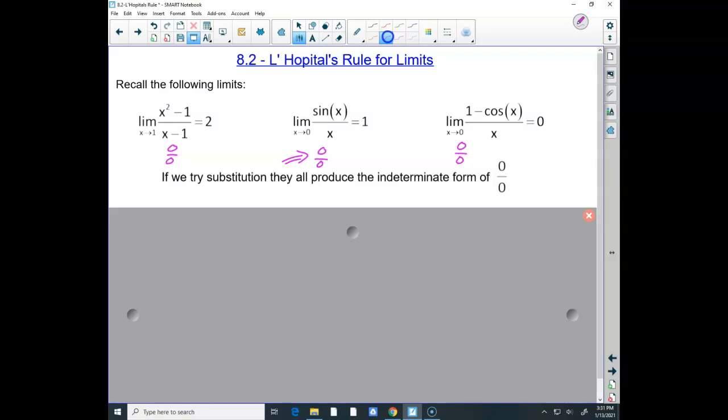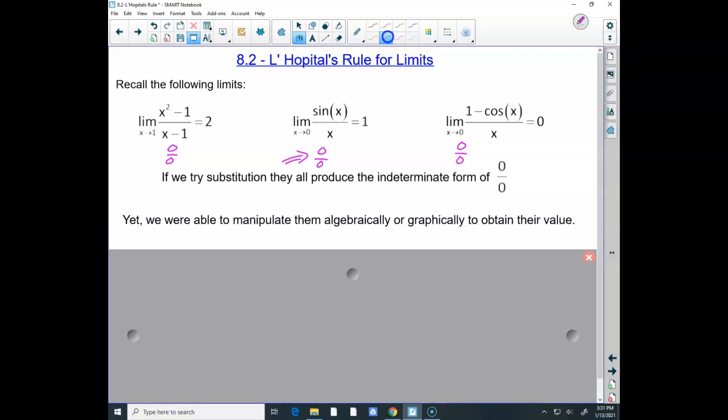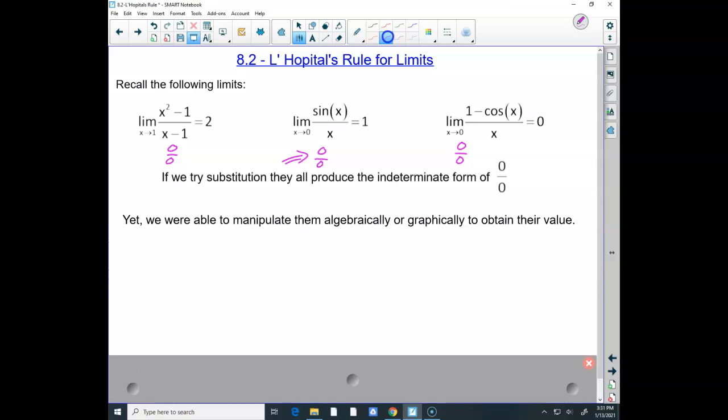They want you to know how to apply L'Hopital's rule. So all of these on the top, with the exception of these, we didn't really manipulate. We graphically obtained those because we could use our technology to do that.